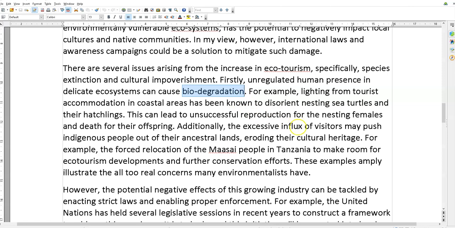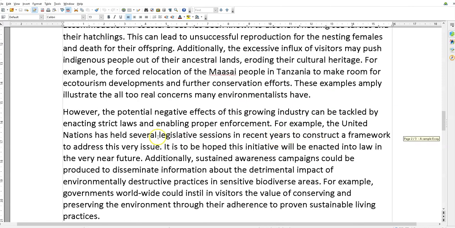What else have we got that you can use specifically? What else? The detrimental impact, sensitive biodiverse areas.